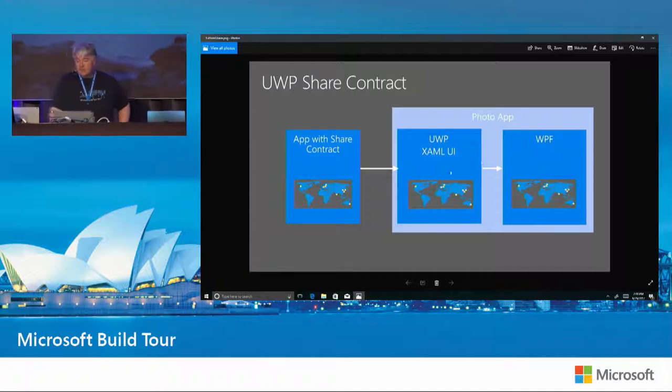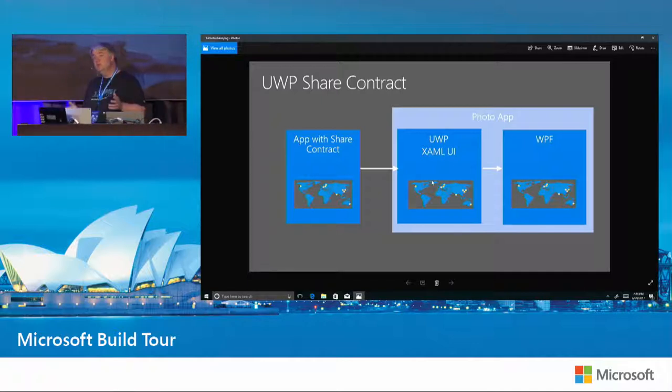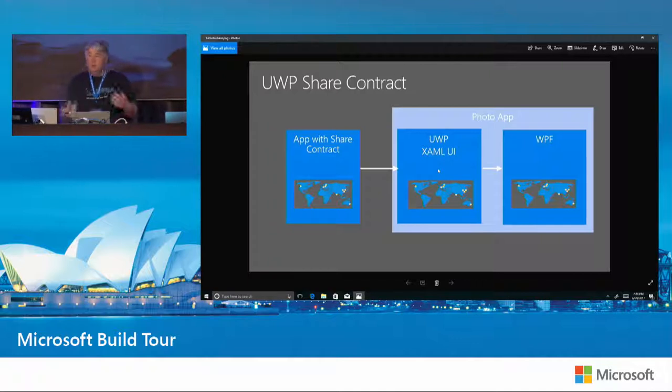So what we did is we took an existing WPF photo editing application, we bundled it with the Desktop Bridge, but we also added another application, a UWP application, inside of it. So now in our application package, we actually have two applications. We have a WPF and we have a UWP. Well, the UWP can connect to the share contract and be able to receive images from sharing apps.